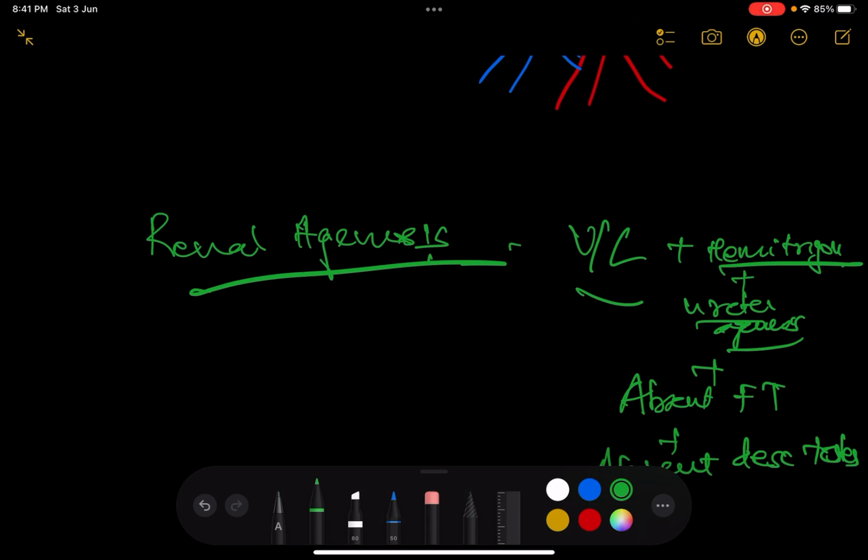Definitely the better understanding would come from an anatomical diagram, but for simplicity's sake, if I had to draw a diagram of a hemitrigone, this would be the bladder, okay, and this would be where the ureters would enter, all right, and it would be surrounded by the detrusor muscle around the entire bladder, and your urethra, okay.